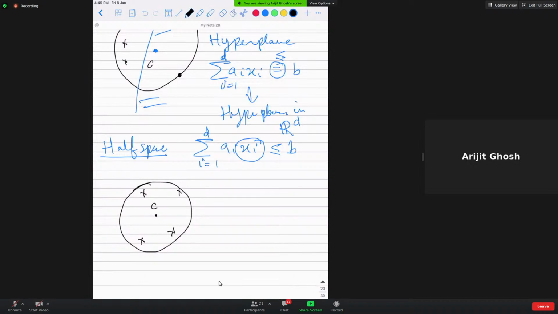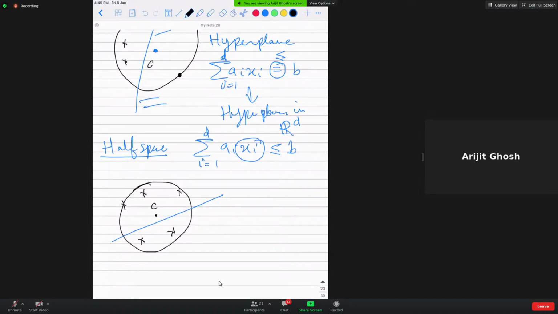C. Take any line that cuts this circle. Let's say C is on one side of this line. The side that contains C, if really C is the center of the minimum enclosing circle for this set of points, then there will be a point in your point set P that will be on the boundary of the minimum enclosing ball and will be on the side of C with respect to this blue line.